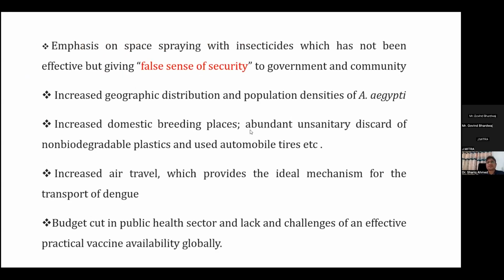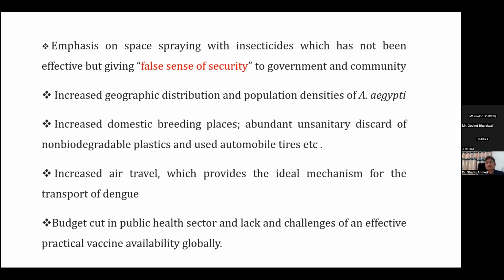And one of the major factors is that, although biological controls are available, in our country we still rely on space spraying of insecticide, which has not been effective and has given a false sense of security, because the dengue mosquito population decreases for some amount of time, but it only gives a false sense of security to the government and the community.